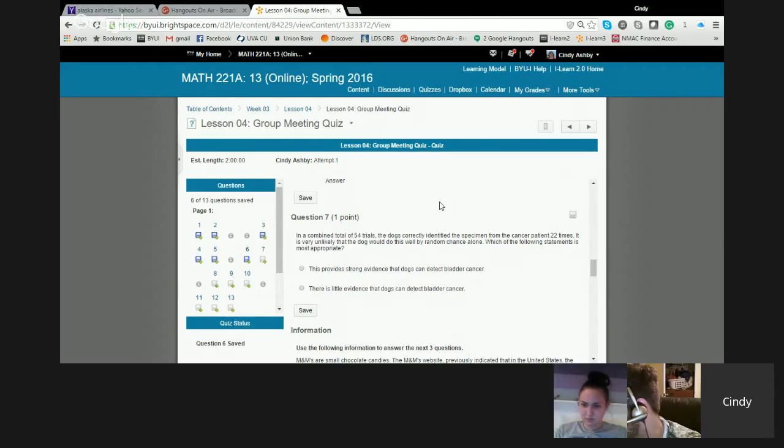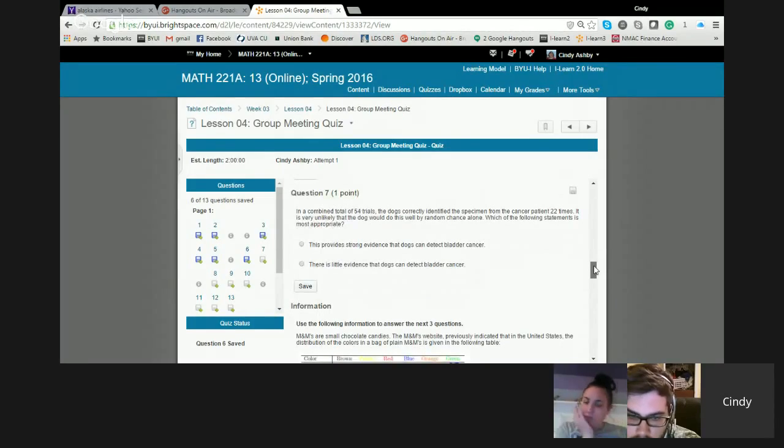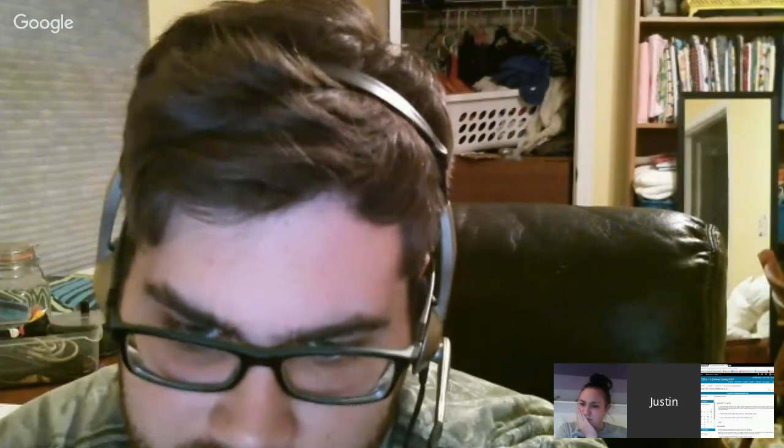Okay, I don't know. What are we looking at? Question 7. In a combined total of 54 trials, the dog correctly identified. Since it said it is very unlikely that the dog would do this well by random chance alone, I said this provides strong evidence that dogs can detect bladder cancer.